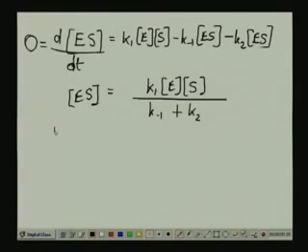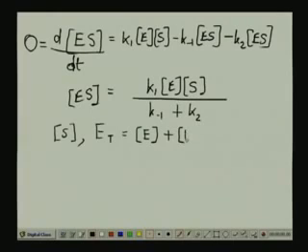So, you know what S is, and you also know what the total enzyme concentration is, right? Now, at any time t, the total enzyme concentration is going to be whatever free enzyme is left plus whatever has formed the enzyme substrate complex, because the enzyme cannot go anywhere else. It either is free or it has formed an enzyme substrate complex, right? So, that is what our ET amounts to.